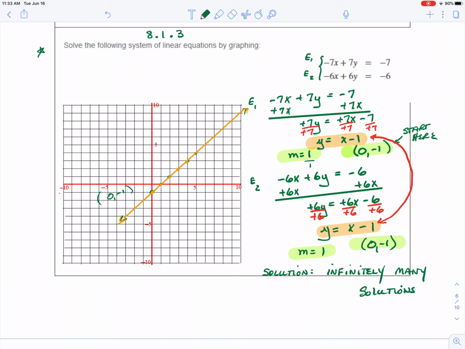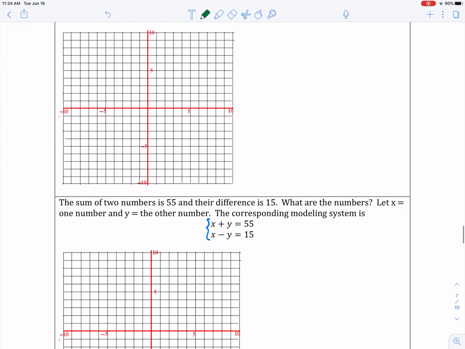Okay, so when you get the same overlapping lines, you say, okay, they have multiple points in common, therefore I have infinitely many solutions. Turns out that any point on the first line will balance check in the second line. All right, so that was the first special case I wanted to show you.